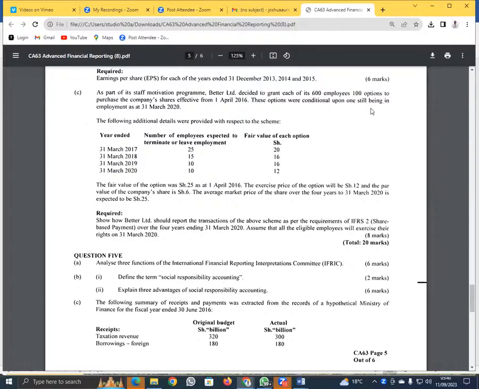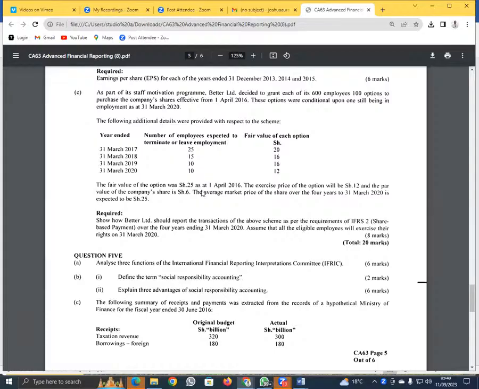These options were conditional upon one still being in employment as of 31st March 2020. The following additional details were provided with respect to the scheme. The fair value of the option was 25 as at 1st April 2016. The exercise price of the option will be 12, and the par value of the company share is 6. The average market price of the shares over the 4 years to 31st March 2020 is expected to be 25.